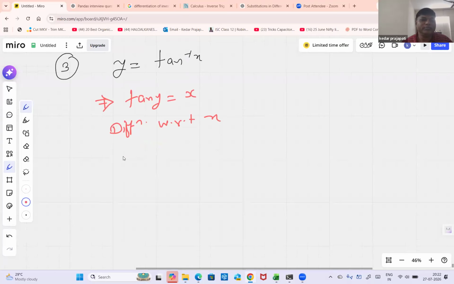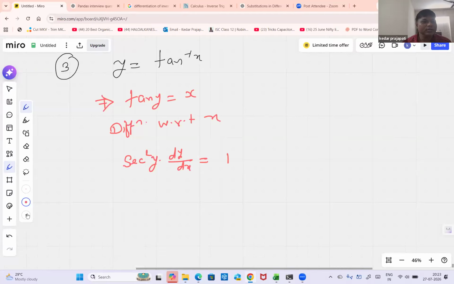Tell how much will come? What is the differentiation of tan x? Secant square. So this will be secant square y and y will be dy by dx. And x will become 1.